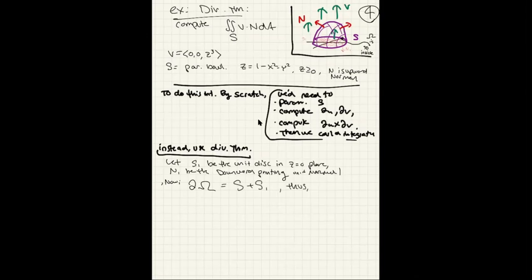Thus, the divergence theorem says that the triple integral over omega of the divergence of V is going to equal a sum of two flux integrals, flux through the top plus flux through the bottom: the integral over S of V dot N dA plus the integral over S1 of V dot N1 dA. Okay, so that's what the divergence theorem sets up for us.